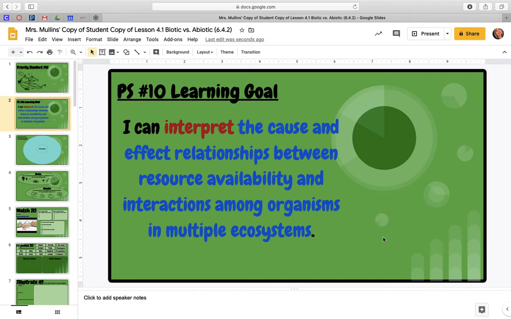That's just one small example. But basically, we're looking at the cause and effect relationship between resource availability, food, water, shelter, and interactions among organisms, which is our next slideshow where we're looking at predatory relationships and things like that, in all sorts of different kinds of ecosystems, desert ecosystems, forest ecosystems, marine ecosystems, and so on.